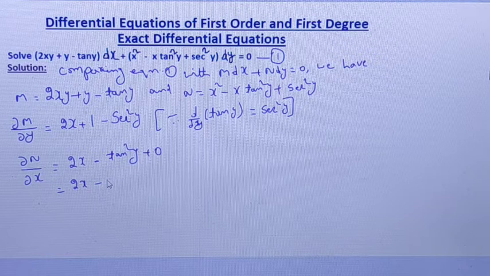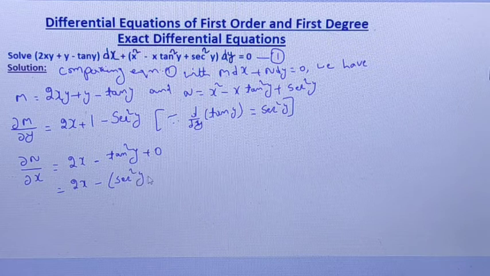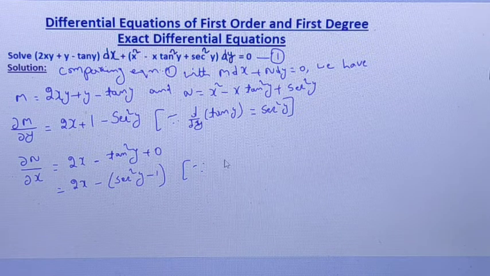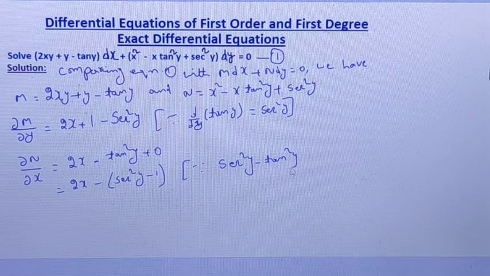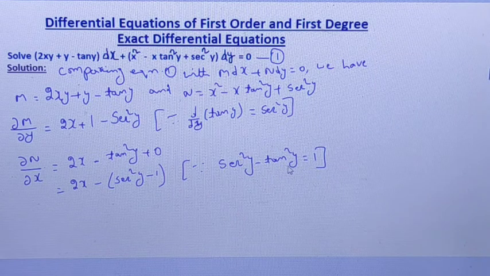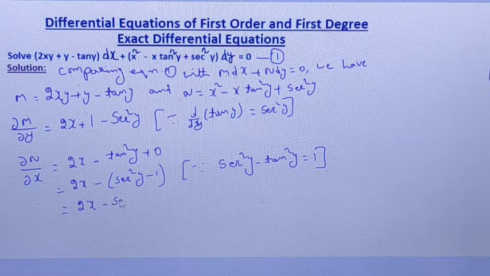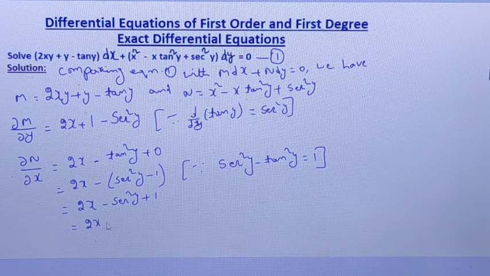We know sec^2 y minus tan^2 y is equal to 1, so tan^2 y is sec^2 y minus 1. So this is nothing but 2x minus sec^2 y plus 1, or we can write it as 2x + 1 - sec^2 y.